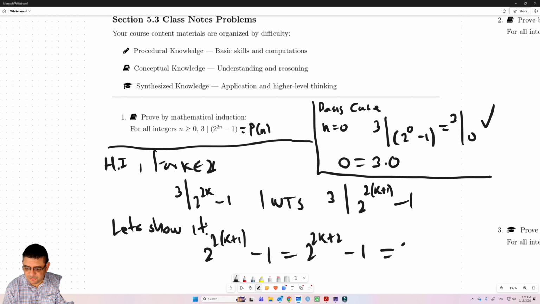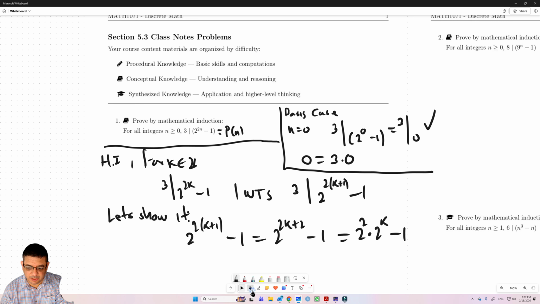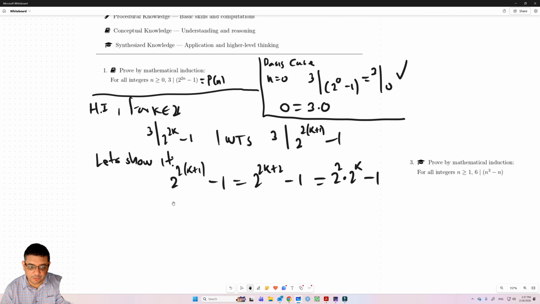But this is just 2 squared times 2 to the 2k minus 1. Notice that what I'm going to do is use the fact that we know we can divide 2 to the 2k. So we have this.